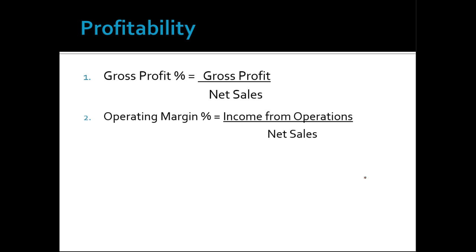Second ratio we're going to cover in profitability is the operating margin, or operating percent. And what I'm essentially wondering is for every $1 in sales, how many dollars in income from operations did it have? Well, chances are it doesn't have dollars left. It has some amount of cents left. We're going to get a percent, right?